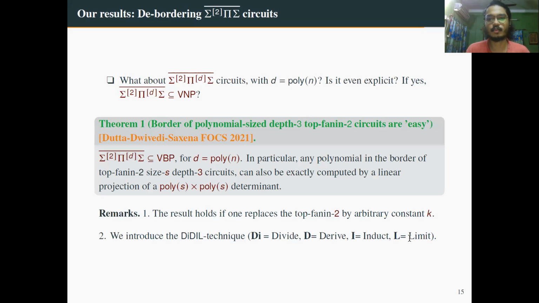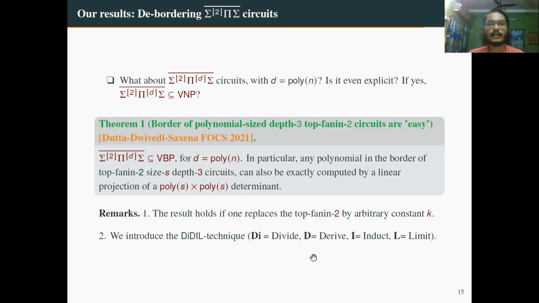And in fact, it is true if you replace this 2 by any arbitrary constant k, and we introduce the DDL technique: divide, derive, induct, and limit. I'll not go into the technical parts, but the proof goes via this sort of flow. We divide, we derive, we induct, and finally we take the limit to prove this result.